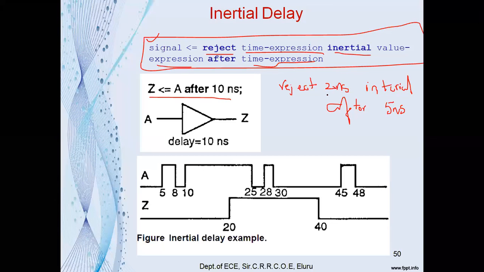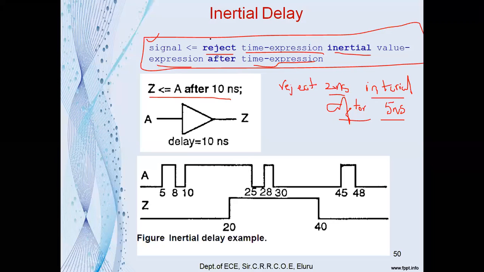So reject 2 nanoseconds inertial after 5 nanoseconds. Actually here, observe: reject 2 nanoseconds. The signals below the 2 nanoseconds are rejected, and the inertial after the 5 nanoseconds: all signals below this 2 nanoseconds are rejected, and the signals above the 5 nanoseconds are the accepted input signal.